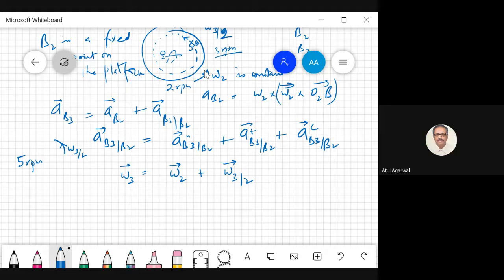From a stationary frame, it will be seen he is running with 5 rpm. So the observer rotating with the platform will say he is going around with 3 rpm, while an observer with a fixed frame will say he is going with 5 rpm. Any problem? No, sir. Clear.